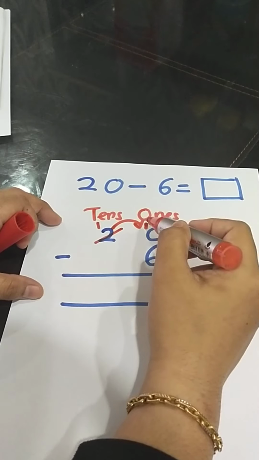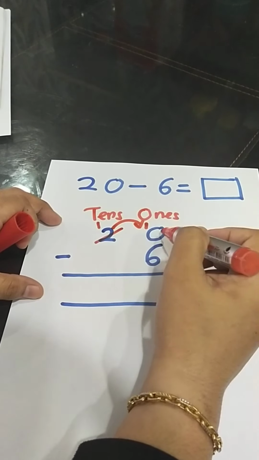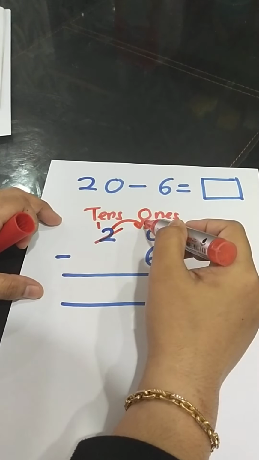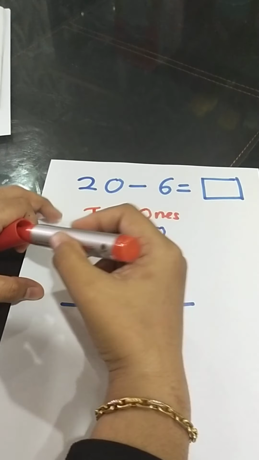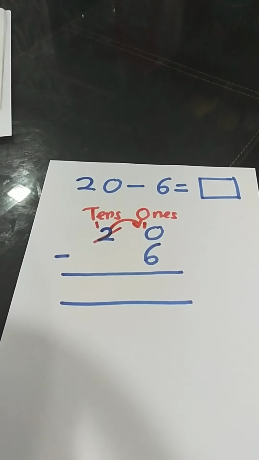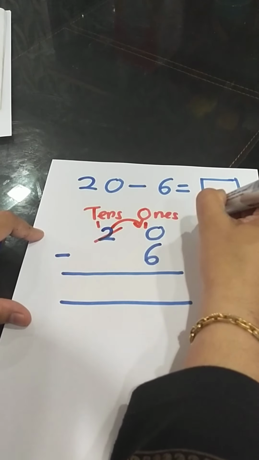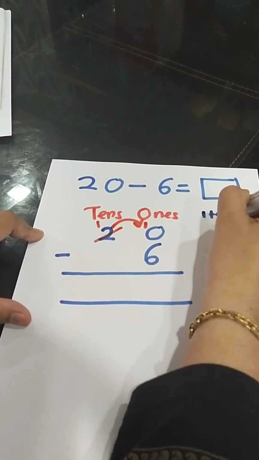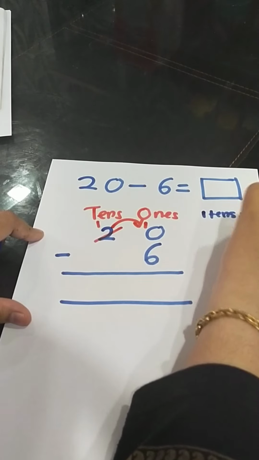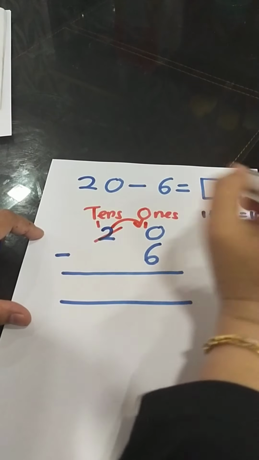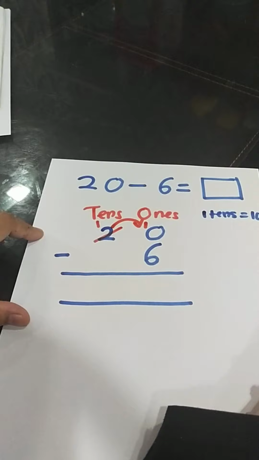Okay, now look at ones. Okay, ones already have 1 tens and 0. Okay, remember 1 tens means 10. 1 tens tu maksudnya 10.